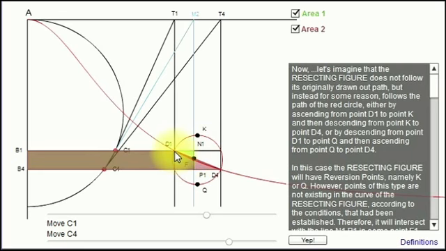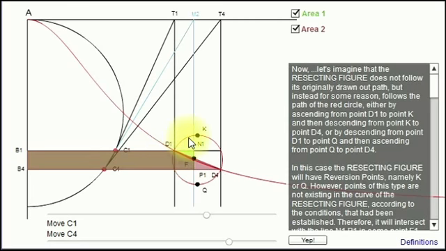And he said that due to the continuous character of the originating figure being the semicircle, the construction principle would not allow the resecting figure to have any discontinuities, like here. It doesn't stop here and then suddenly go upwards.